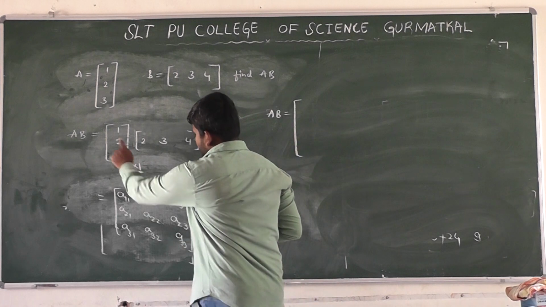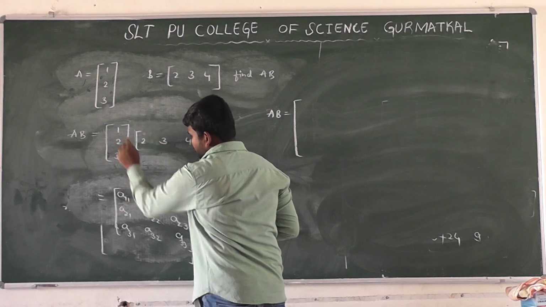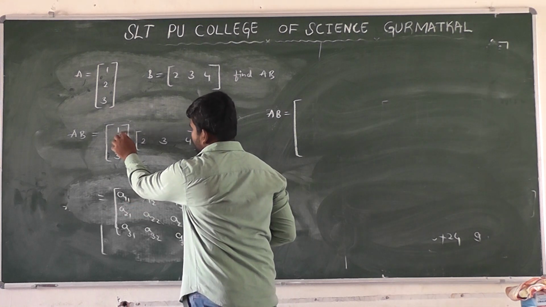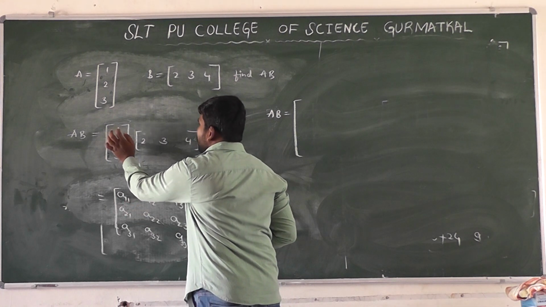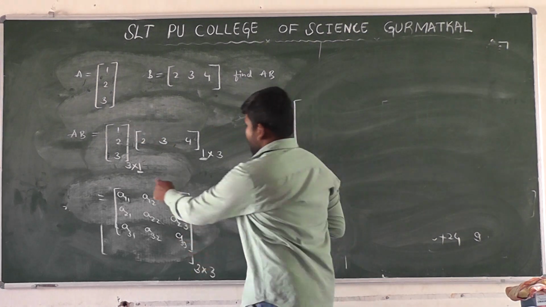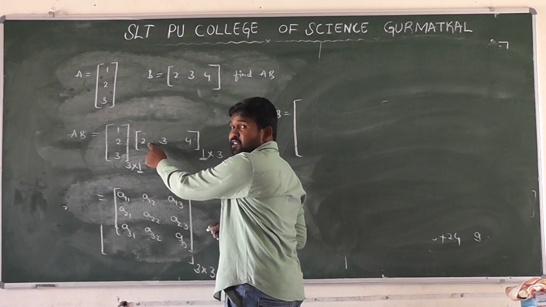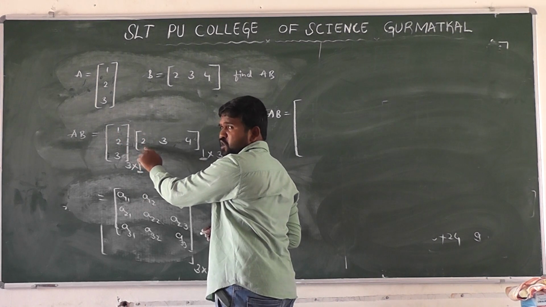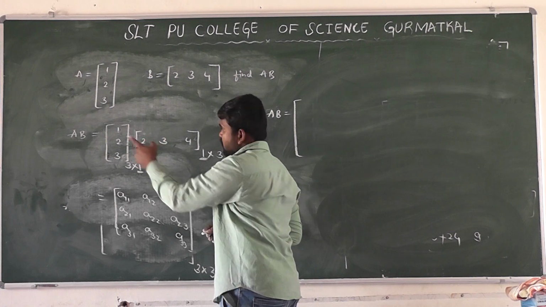The first row of the matrix A into the first column of the matrix B. The first row element of the matrix A is 1, and the column of the B matrix. Then we have to multiply and we get a sum. Only one element is there, so it is not possible to sum the elements.